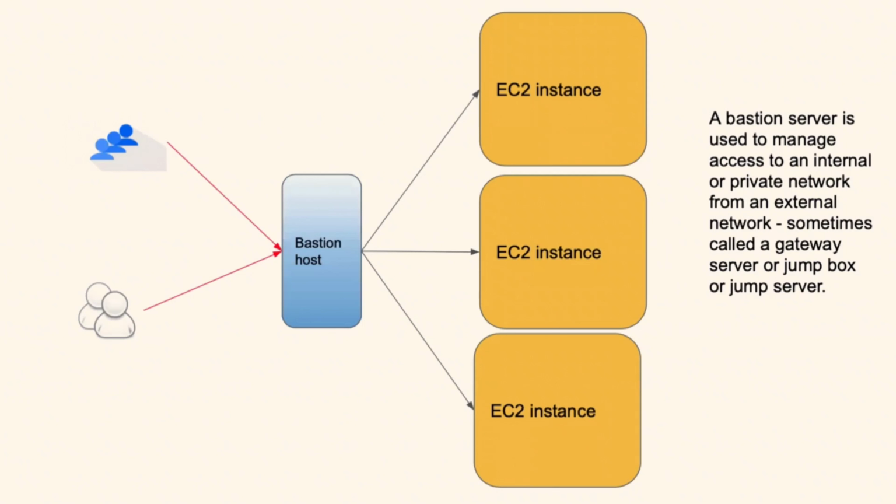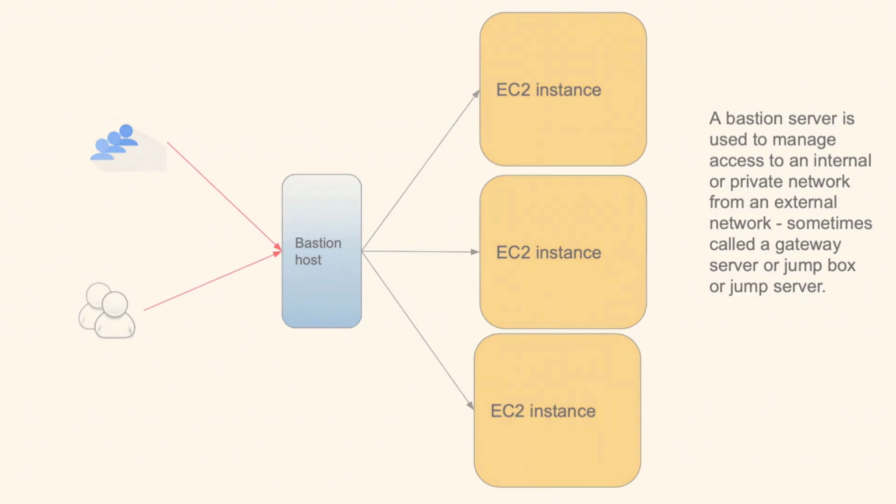The critical role it plays is that it controls the flow of external traffic into our internal system via the server, meaning if we were to block all the external access, all we have to do is shut down the Bastion host server. That is it. This is how you can answer this particular question in the interview.